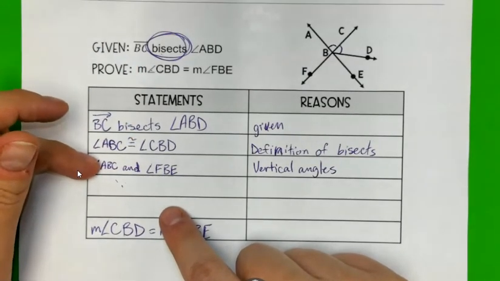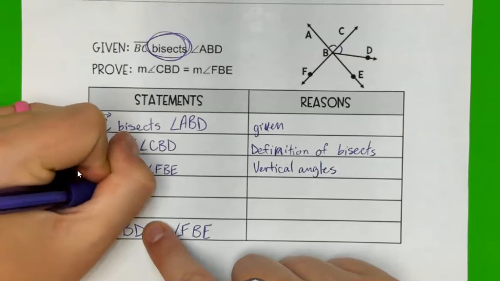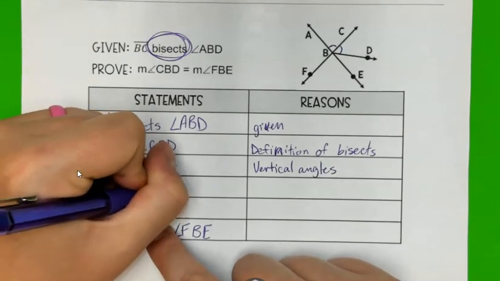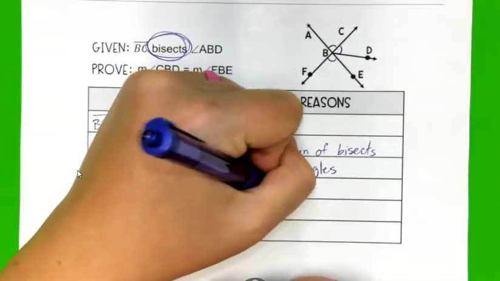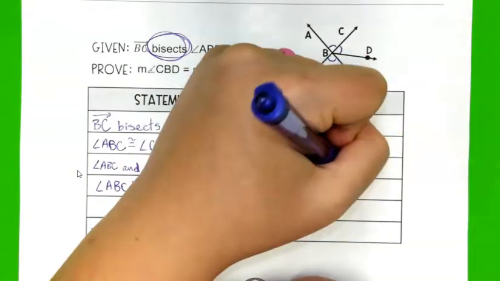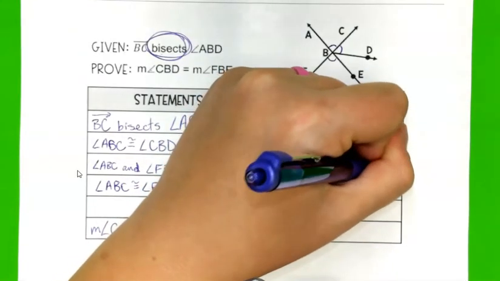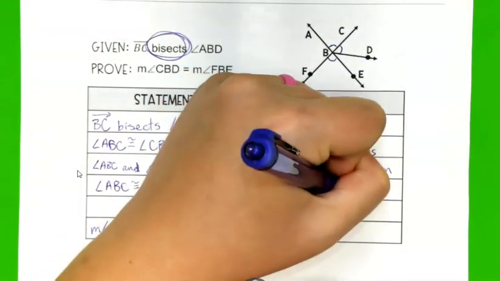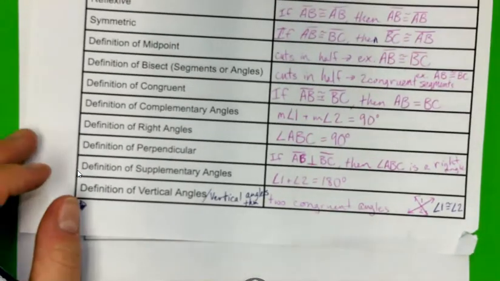So since we know that they are vertical angles, we can say that they're congruent to each other. So we can also mark that. So this is technically the definition, then this is the theorem. But you won't ever have to know them as separate, okay?